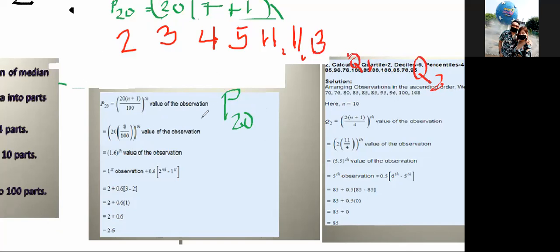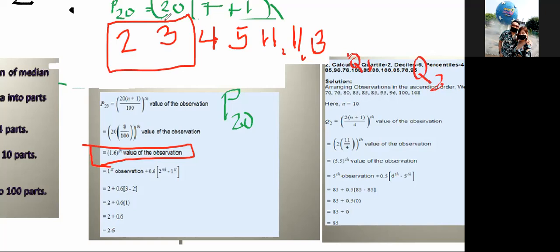Okay, so we already know that it is the 1.6 observation. So 1.6 is in the middle of the first and the second, so maybe the 1.6 observation is somewhere in here.